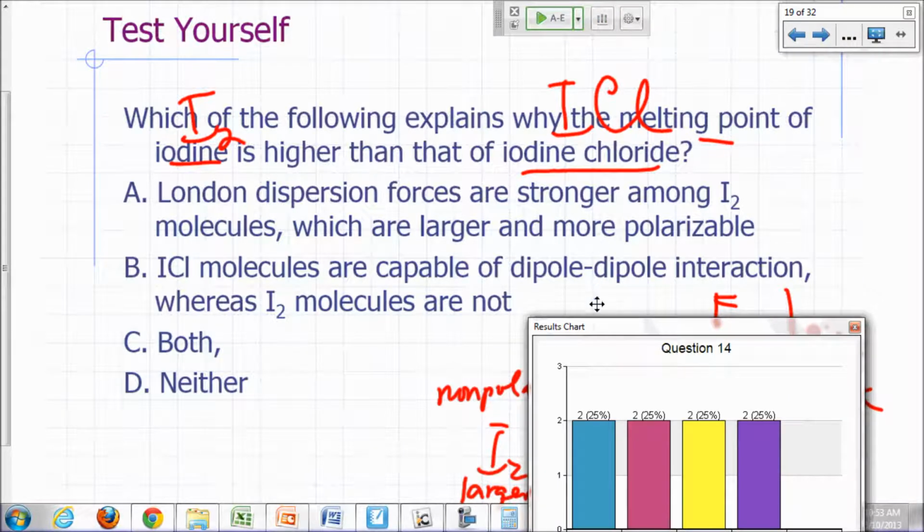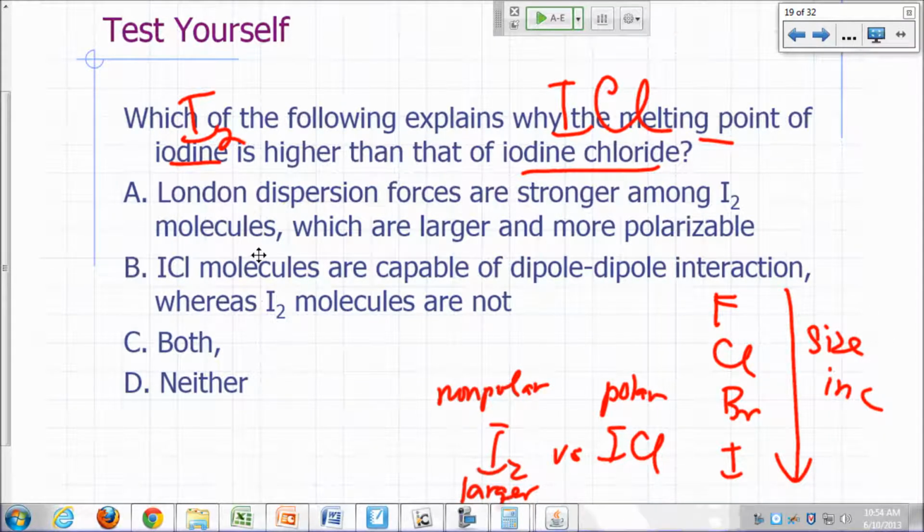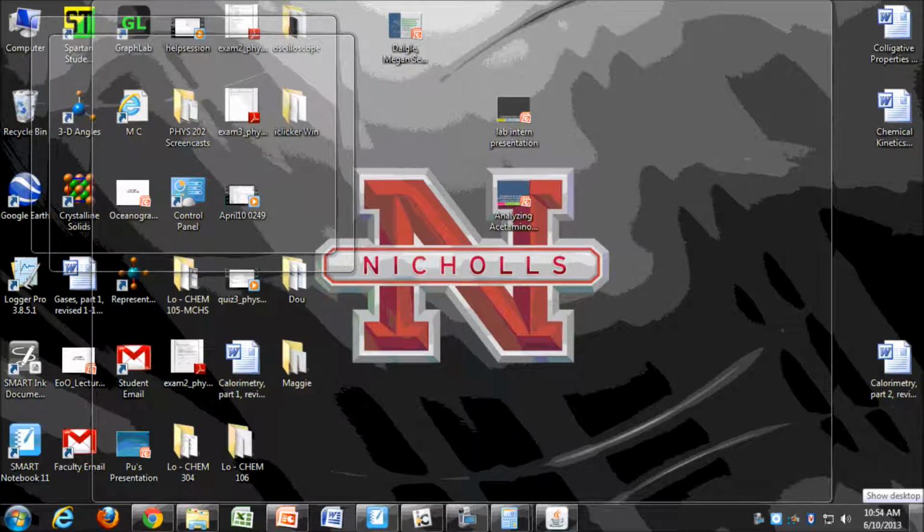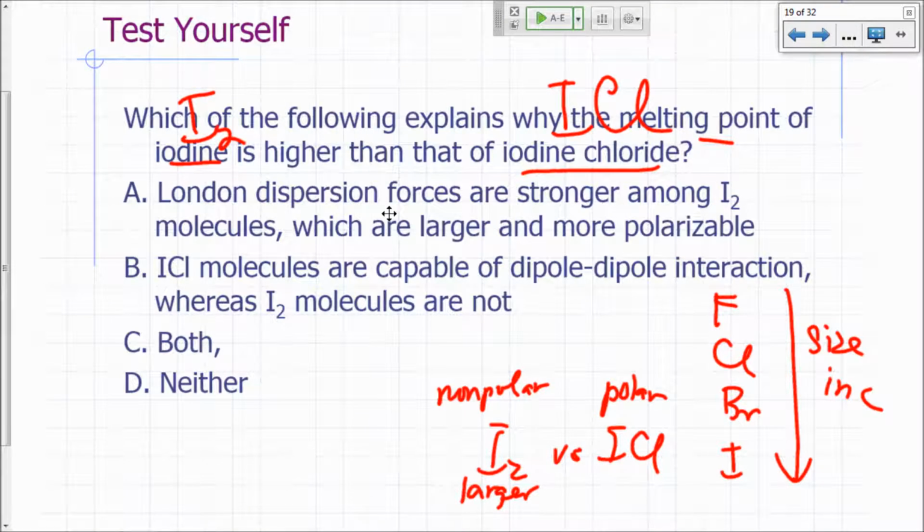All right. Let's look at the first choice first. Let's look at choice A. I2 molecules are larger. Is that correct? That's correct. They're more polarizable? That's correct, right? So they have stronger London dispersion forces? Yes, that's correct. Does that explain why the melting point is higher?